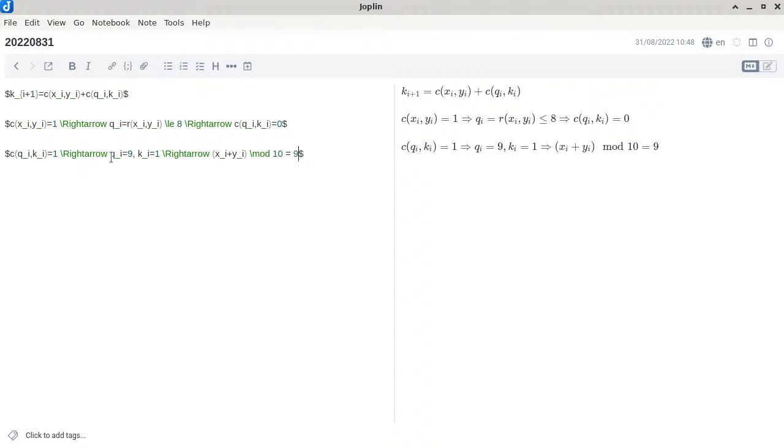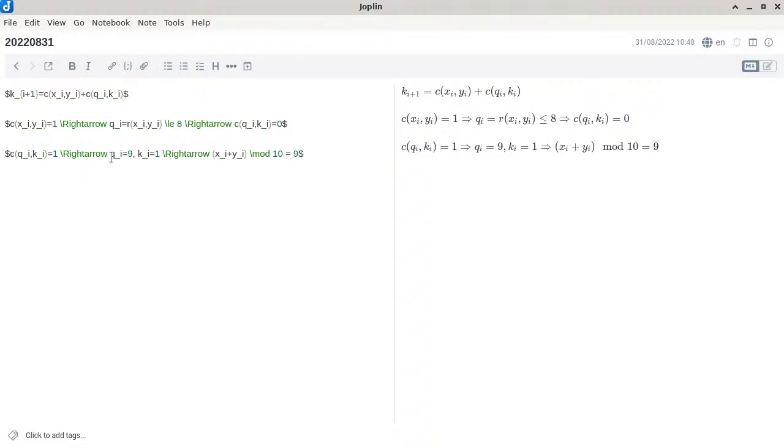Because that's how R is defined. R is x plus y mod 10, and also qi is R of xi, yi. So that's why I now know that xi plus yi, the whole thing mod 10, has to be 9.